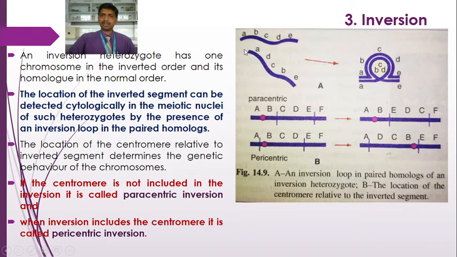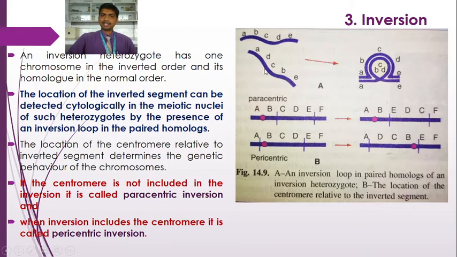When the inversion occurs in only one chromosome of a homologous pair, such inversions are inversion heterozygotes. And when inversion occurs in both chromosomes of a homologous pair, such inversions are inversion homozygotes. But here an inversion heterozygote has been formed because the inversion occurs in only one chromosome of a homologous pair.